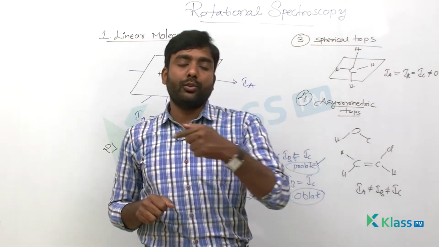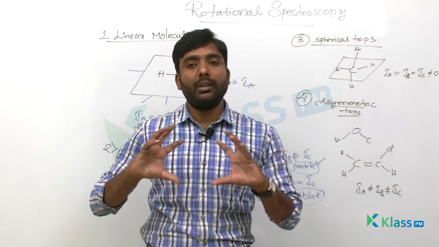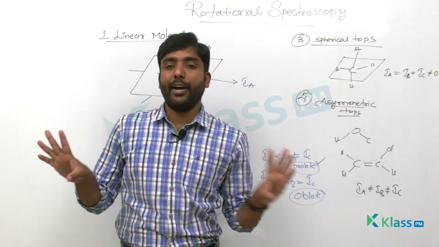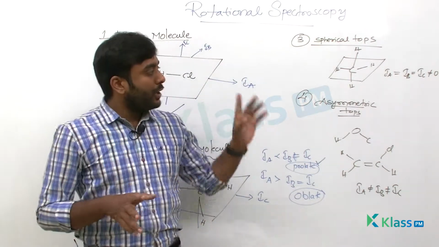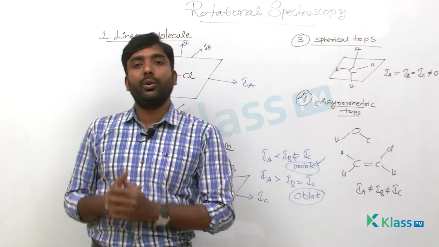Whether you rotate through IA, IB or IC, the relative positions of all the atoms are changing, but all of them are the same hydrogen, their masses are the same. So IA, IB, IC all three are equal, but they are not equal to 0.